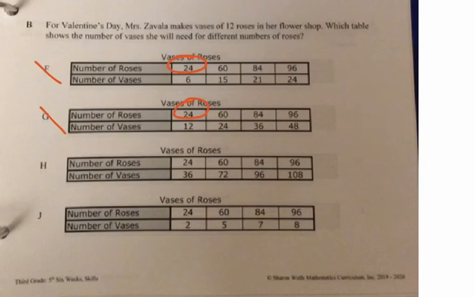Letter H, I have 36 vases with 12 roses inside each. And again, I can tell that my product is going to be much larger than 24, so H is out. So let's double check J. I have 12 roses with 2 vases, and that does give me 24.